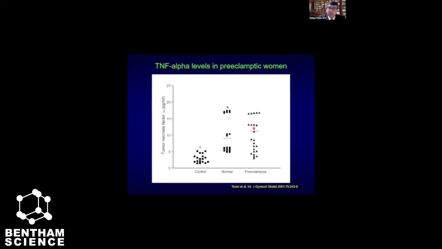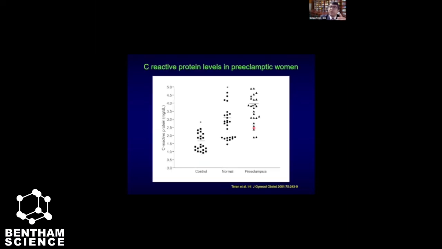But the interesting thing was when we went to something more familiar to everyone in clinics and easy to measure, that was C-reactive protein. And now it is very well known, as you can see from our site, from the beginning of the 2000s. So C-reactive protein maintains the same pattern as IL-6 in preeclampsia compared to normal pregnancy and controls.